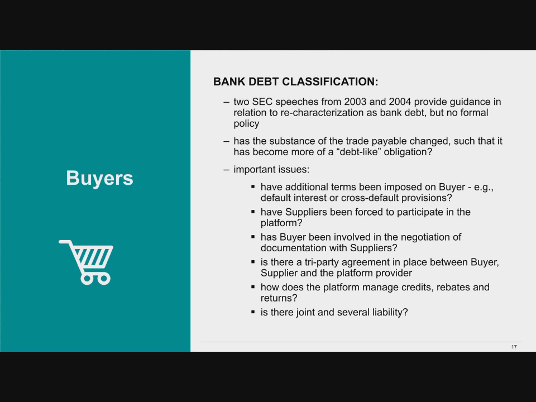Is there joint and several liability? The overriding premise or starting point is if you have a separate transaction with the buyer, a separate transaction with the supplier, and those transactions don't overlap, then generally speaking, you can retain a trade type treatment, trade debt type treatment.